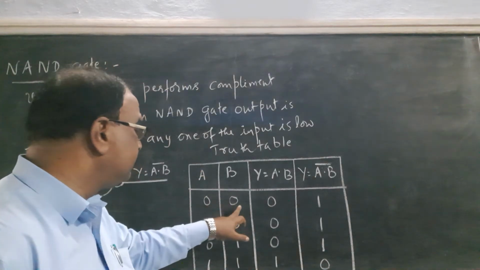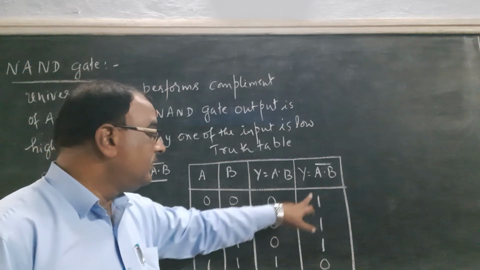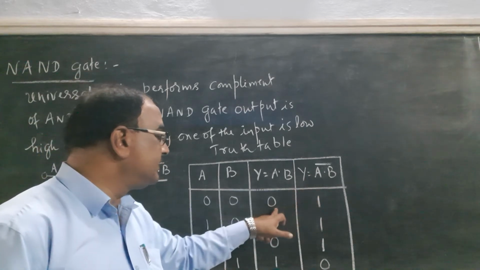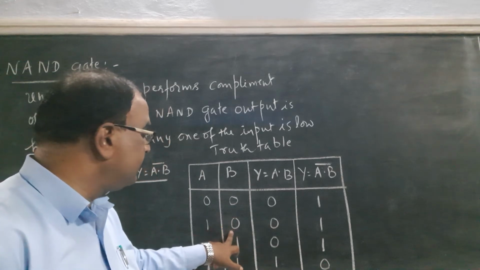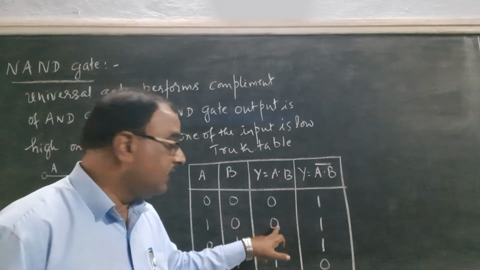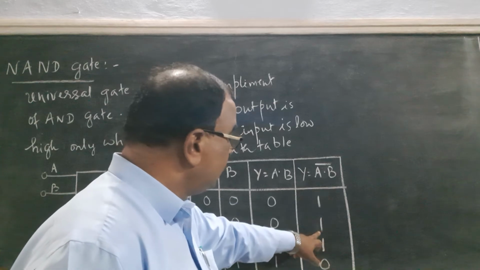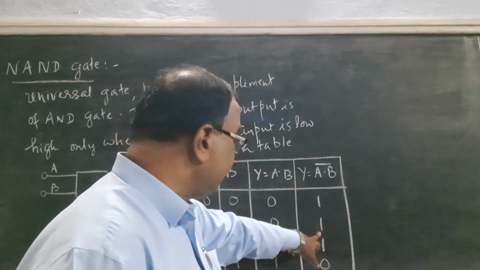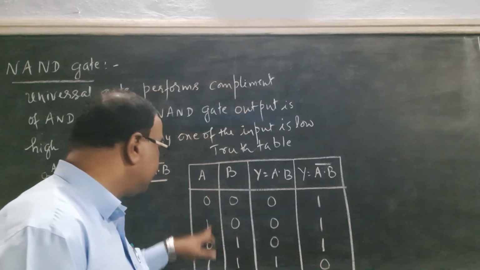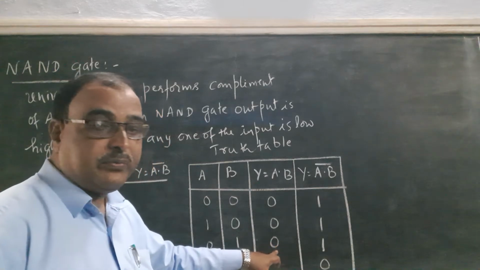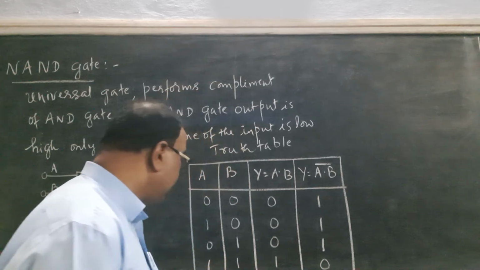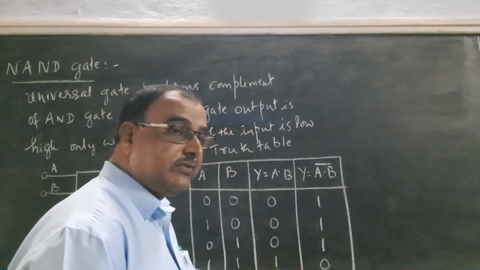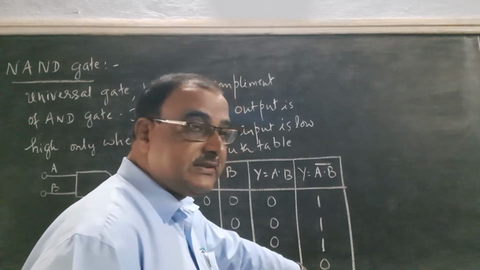When A is 0, B is 0, output is 0, and the negation of this 0 is 1. Similarly, when A is 1, B is 0, output is 0, and the output of the NAND gate is 1. When A is 0, B is 1, output of AND gate is 0 and that of NAND gate is 1. When both are 1, 1, it is 1 and the negation of this is 0.